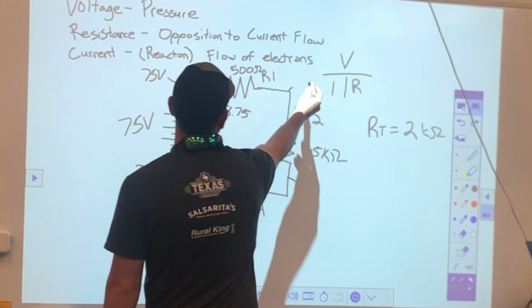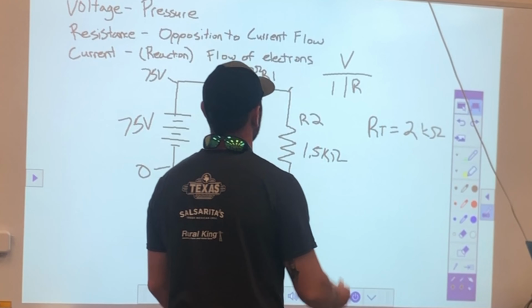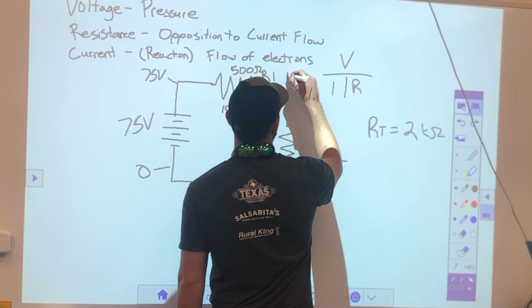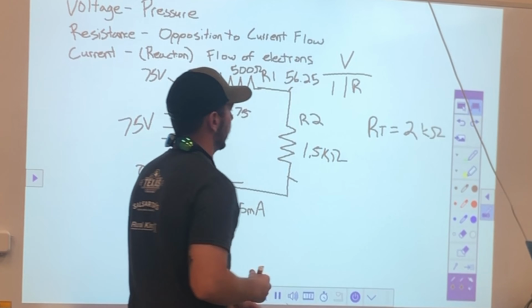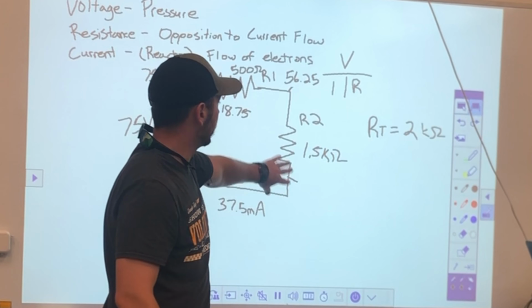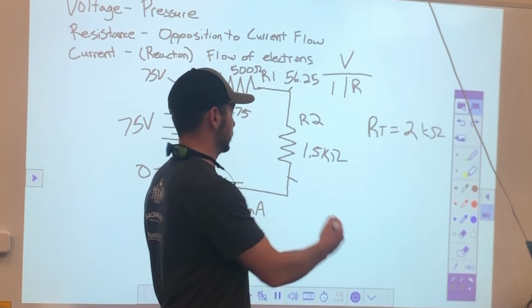So what's my voltage on this side of the resistor now? 56.25. Yep. You can go ahead and do the Ohm's law for this, but we know it's going to come out to 56.25, right? Because right here is 0.